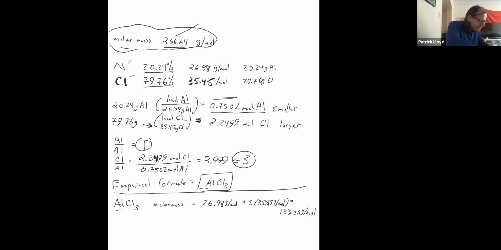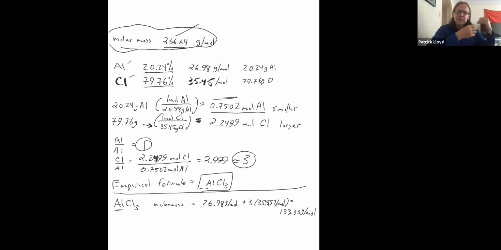So then you ask yourself, okay, if that's how much AlCl3 weighs, let's compare that to the molar mass of the compound that was given, 266.64, which is up here at the top, right? See how those two numbers are related to each other? 266 is twice 133. What that tells us is the actual compound weighs twice as much as the empirical formula. So if the empirical formula weighs 100, but the molar mass weighs 200, it's twice as heavy.